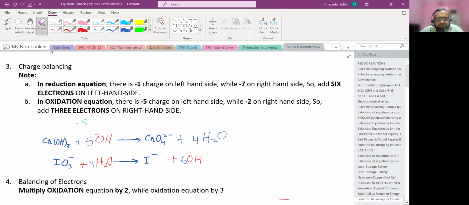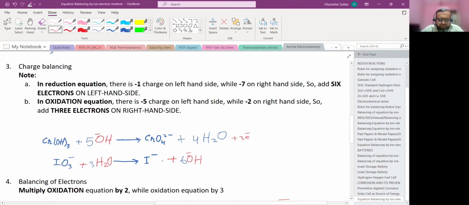We will add it. So there is -2. So -2 and -5. To make it -5 on the right hand side, we add 3 electrons here. So it becomes -5 overall charge on the right hand side. So the right hand side is also -5, the left hand side is also -5. So we have balanced the charge of the equation.